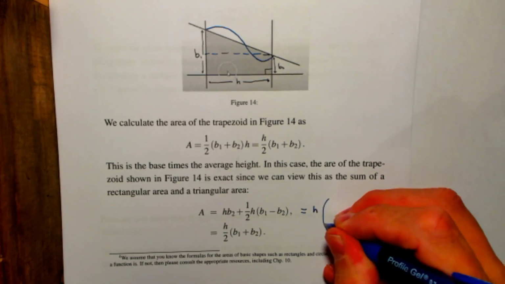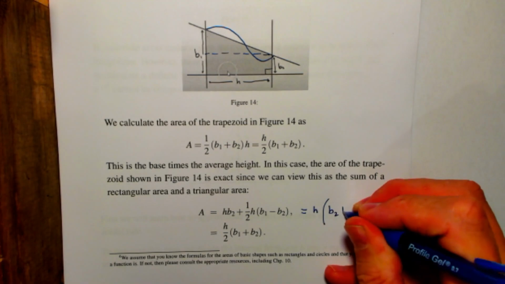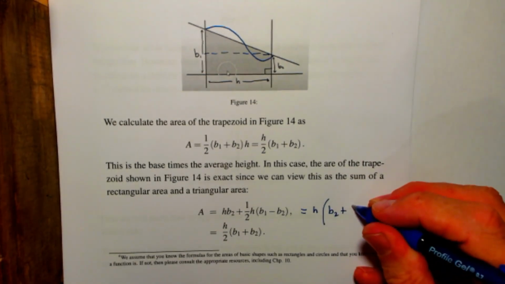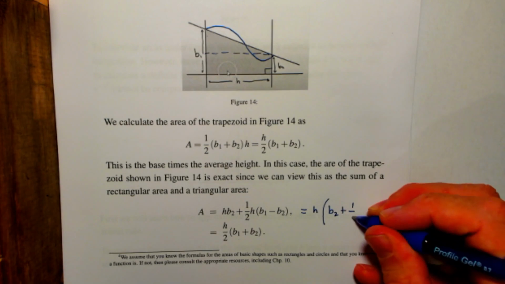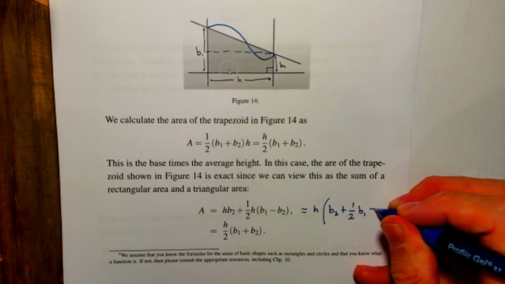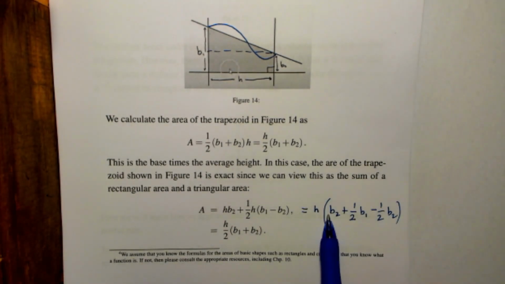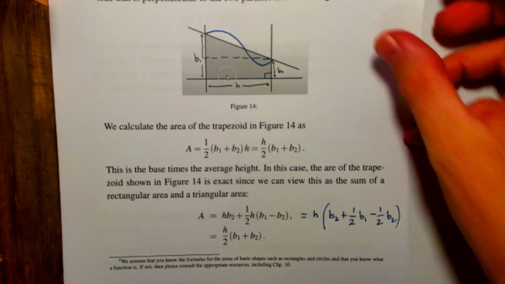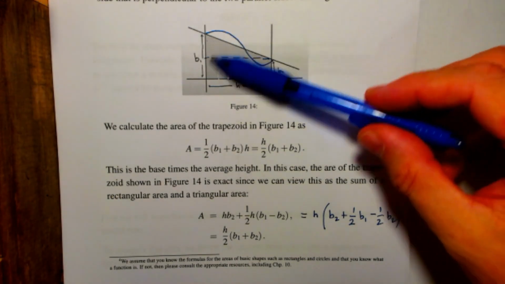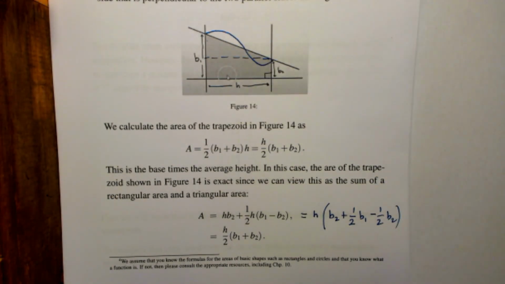Factorizing the h out of the front, we've got b2 plus 1/2 b1 minus 1/2 b2, and then b2 minus 1/2 b2 is 1/2 b2, and then you can factorize the half out, and you have h on 2 in brackets b1 plus b2, which explains the trapezoid's connection to the area under this curve used as an approximation.